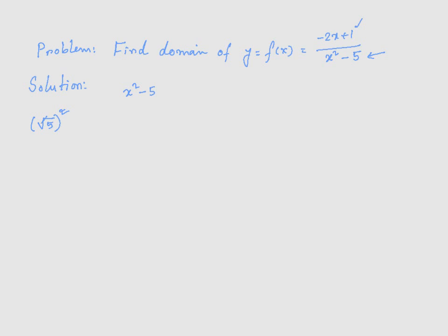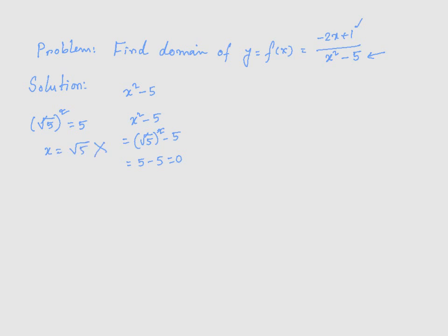The square and square root cancel out, which gives you 5. So my x square minus 5 is going to be square root of 5 whole square minus 5, which gives me 5 minus 5, which is 0. That cannot happen, so you do not want x equal to square root of 5.